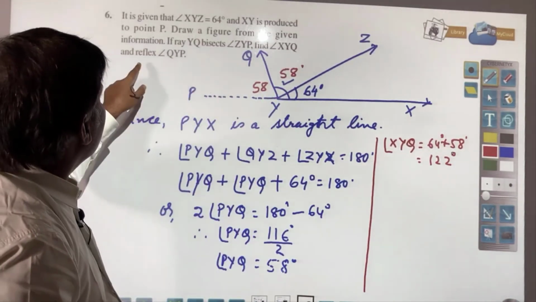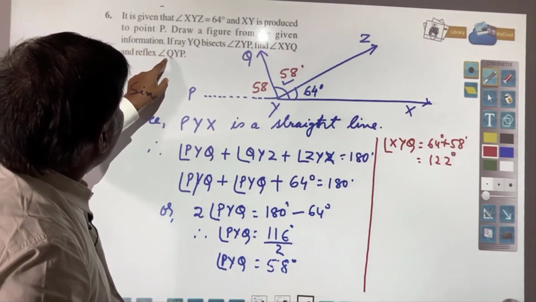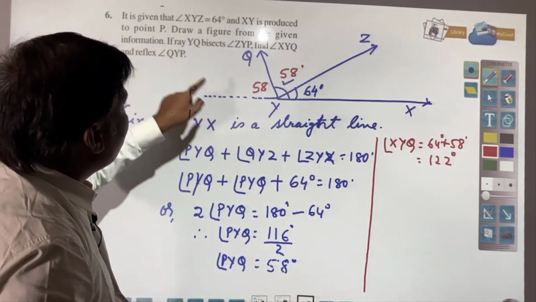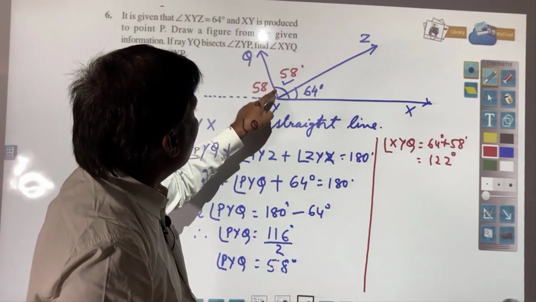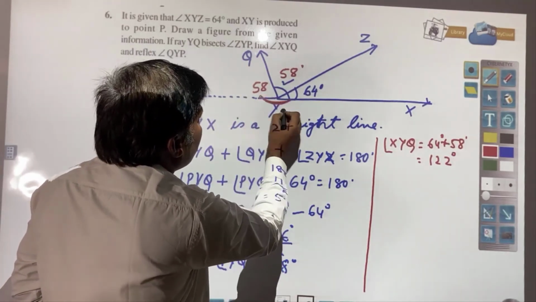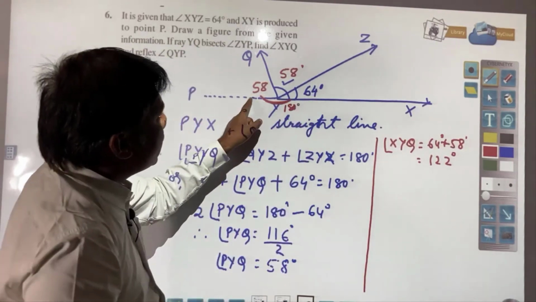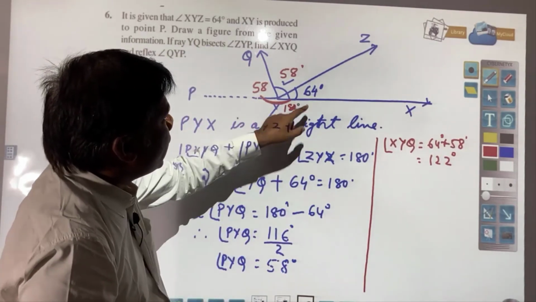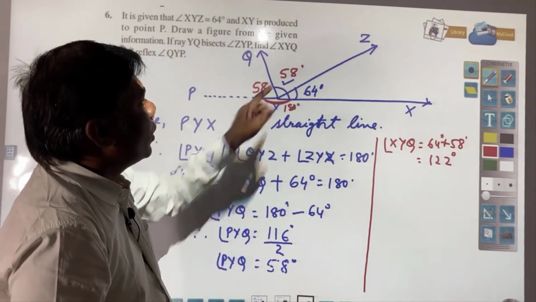Now we have to find the reflex of angle QYP. This is a straight line, so this will be 180 degrees, plus this 122 degrees.